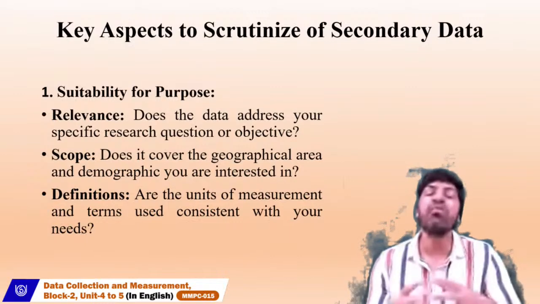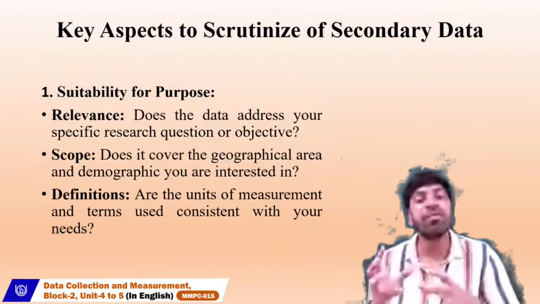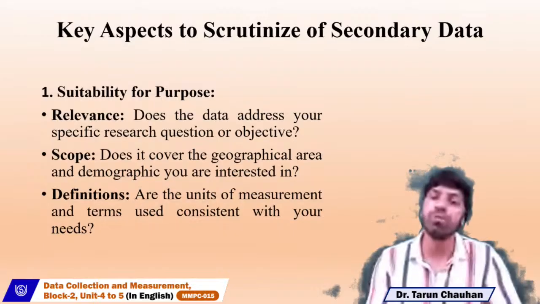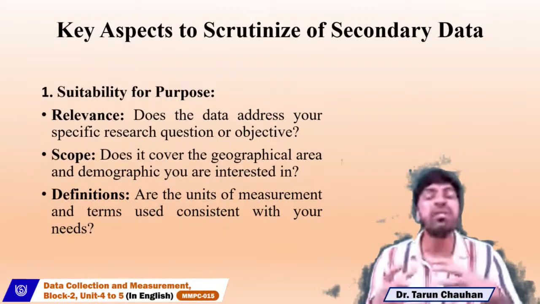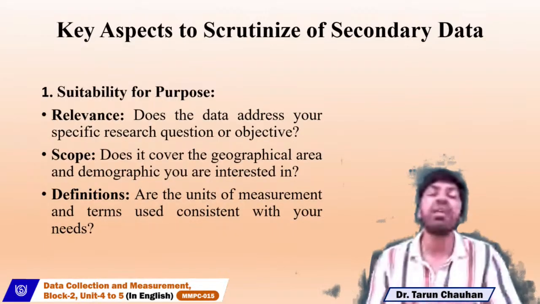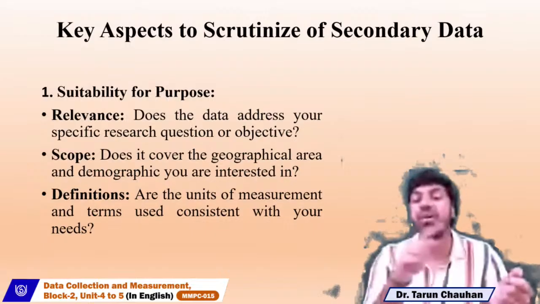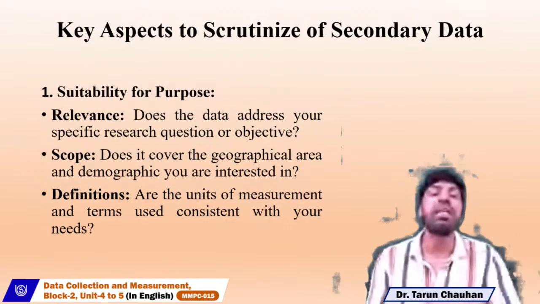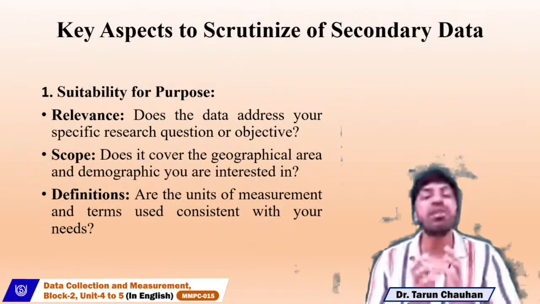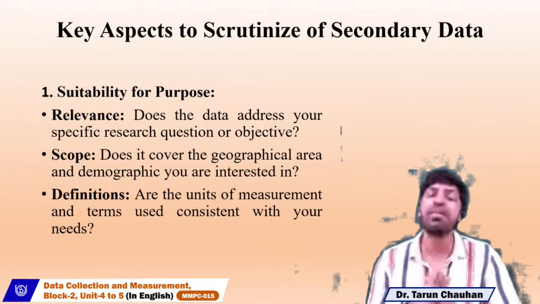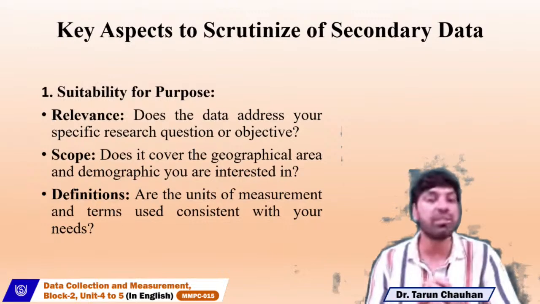We need to know whether the data or information exactly addresses the specific research objectives or questions or not. Is there any geographical area, demographic area or region you are interested in, and does this data cover such areas? Definitions matter too: are the units of measurement or terms used consistent with your research needs or not?